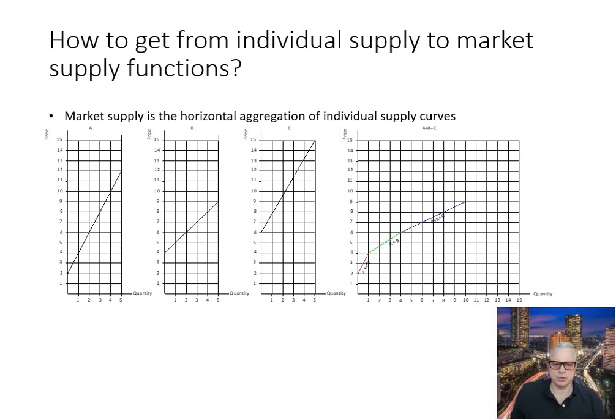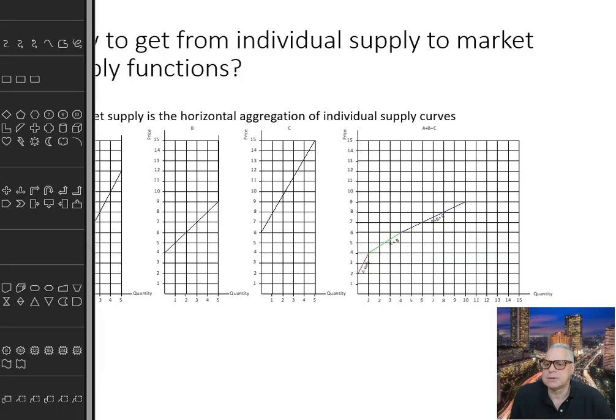So what we need to do is horizontally add up individual supply functions. So here we have again three different firms. They have different supply functions, and let's just maybe draw them a little bit thicker.